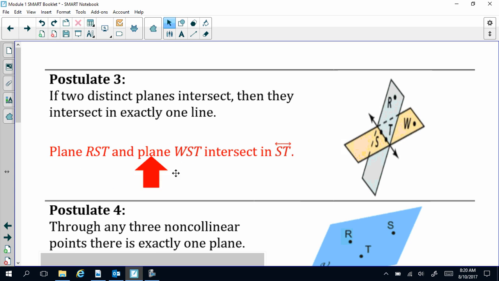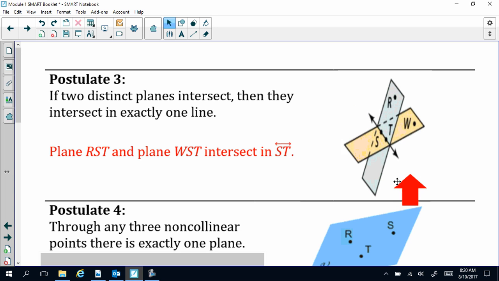So plane RST, there's R, there's S, there's T. The plane that contains all 3 of those is this blue plane. And plane WST, so there's W, there's S, there's T. The plane that contains all 3 of those is this creamy color. And they intersect in, and this is our line notation, the line ST. So there's S, there's T. This line here is where they intersect.